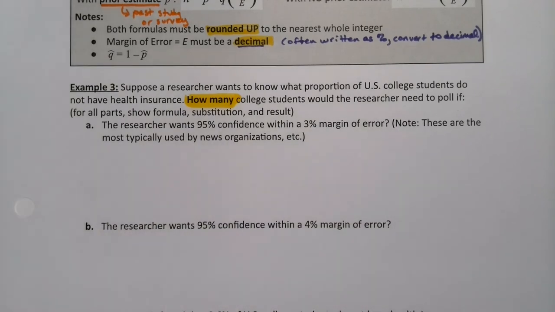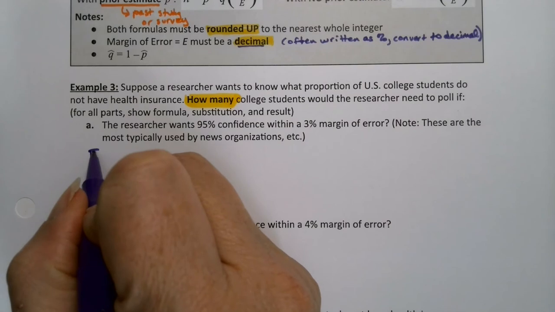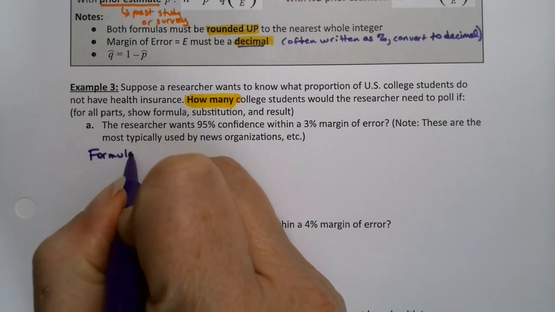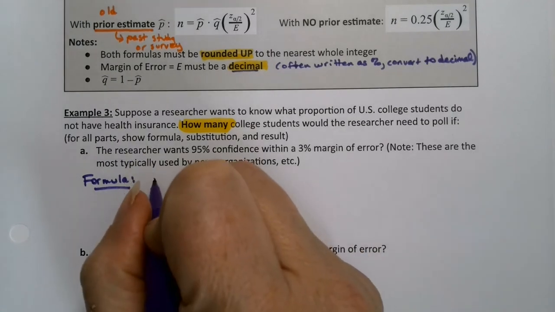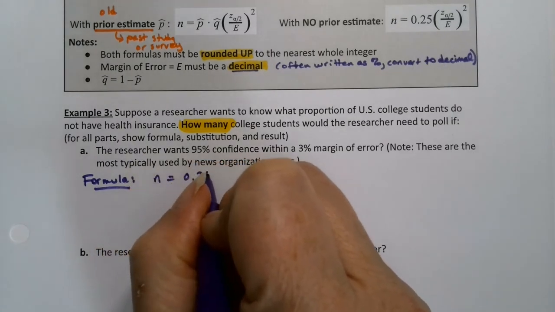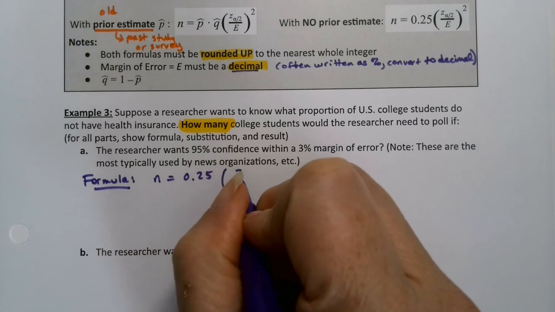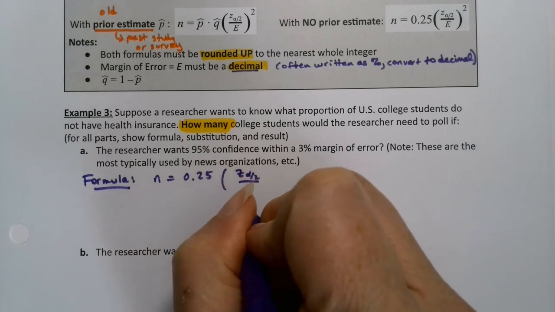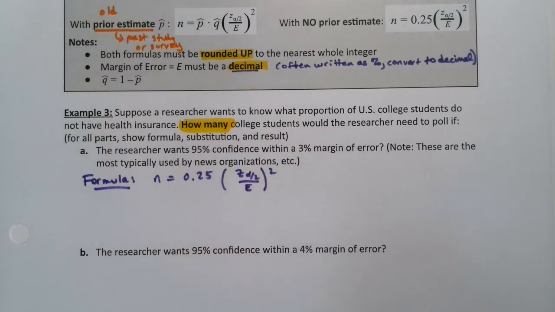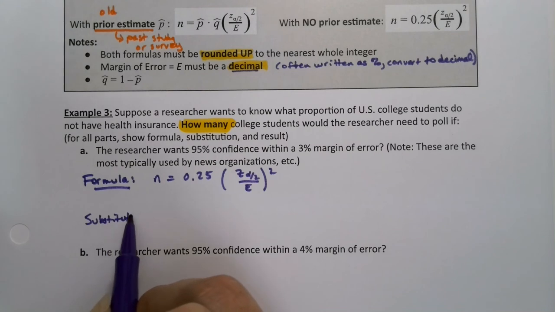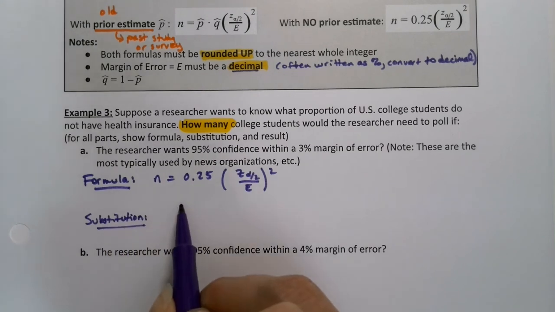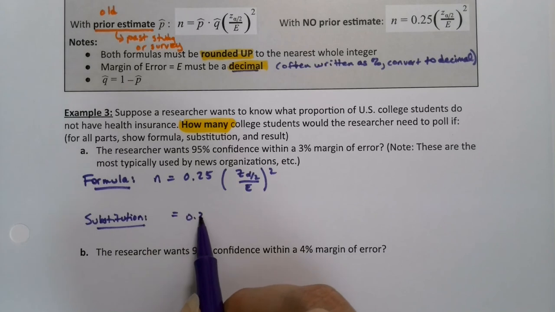So that means that my formula will be the one on the right because I have no prior guess. So n equals 0.25 times z alpha over 2 over the error squared. All right, now my substitution, where all the work is. All right, so the 0.25 is no problem. That's 0.25.